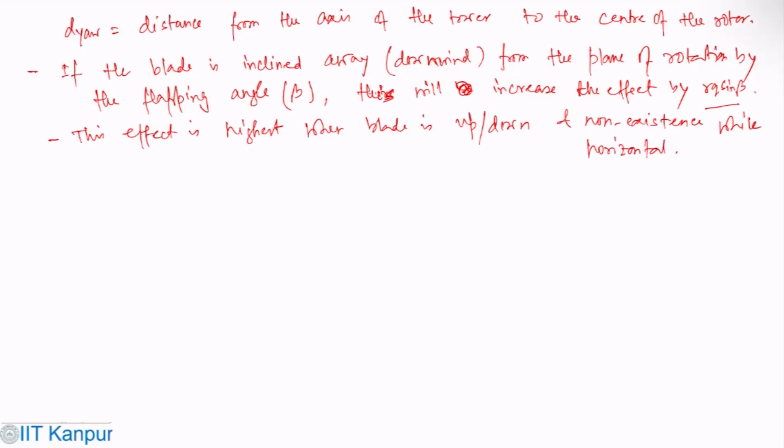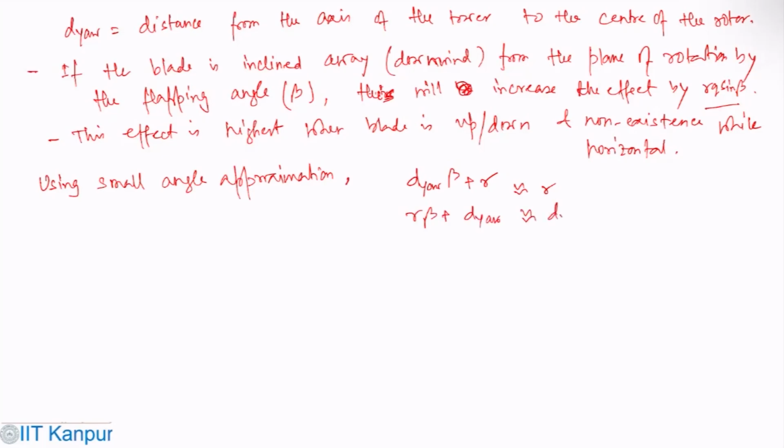Now we use that small angle approximation. So what we can write is that d_yaw plus R beta would be d_yaw.